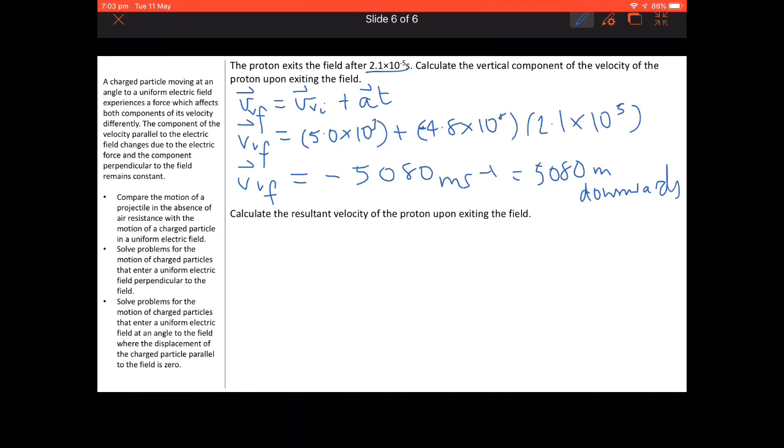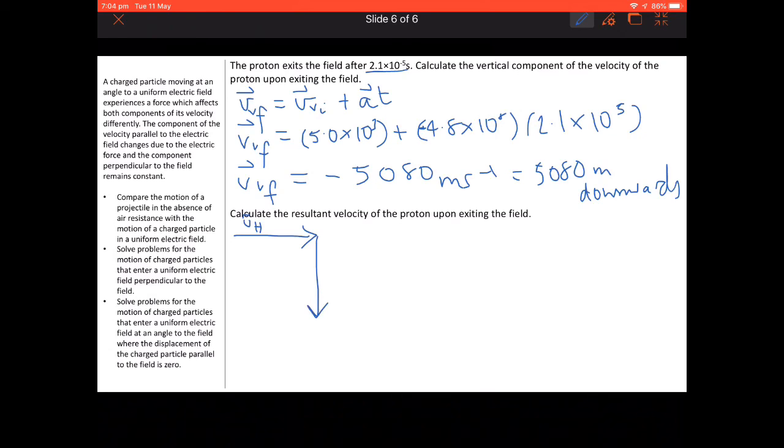Final question is asking us to calculate the resultant velocity of the proton upon exiting the field. So to do this, we need to work out our overall velocity by doing vector addition of the horizontal and the vertical velocities. Our horizontal velocity is going to be constant because there's no force acting perpendicular to the electric field.